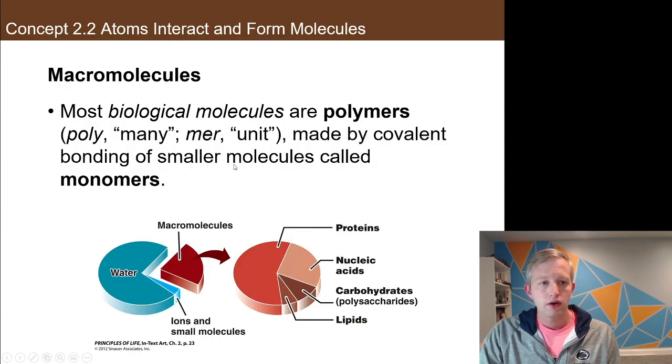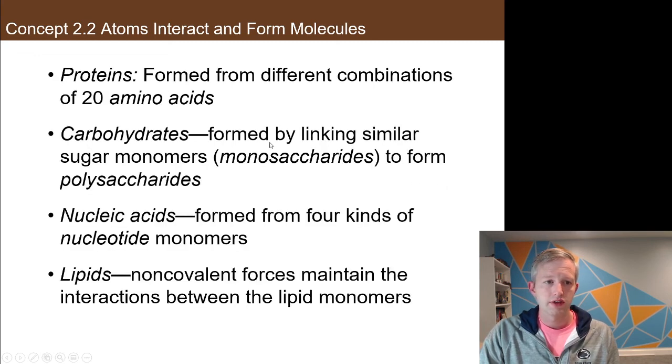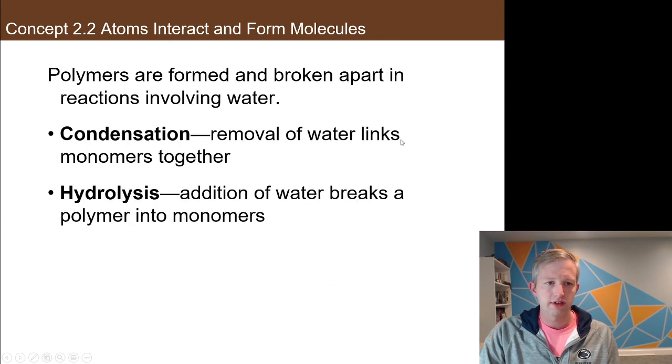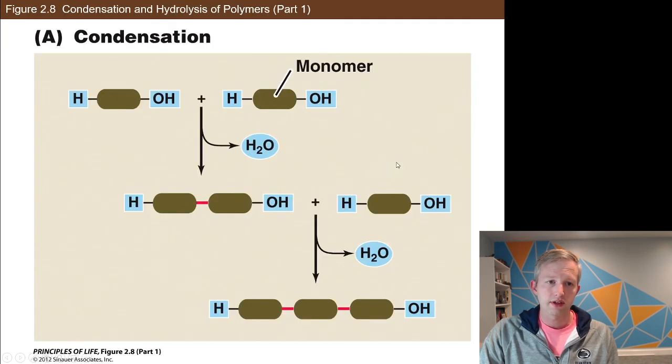All of this helps us to understand how the chemistry behind monomers and polymers comes together, and there are two key reactions that we'll discuss as we look at the formation of proteins, carbohydrates, nucleic acids, and lipids: the condensation reaction, also known as dehydration synthesis, and hydrolysis.